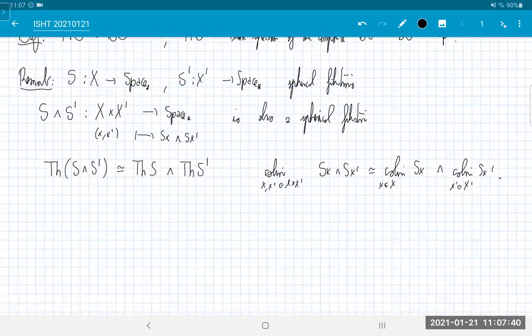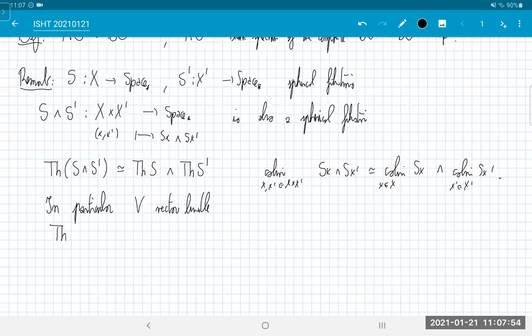And in particular, if I have a vector bundle V, the Thom space of V plus one copy of the trivial vector bundle is the same thing as the suspension of the Thom space of V. Because the Thom space of the trivial vector bundle of rank 1 over a point is just S1.